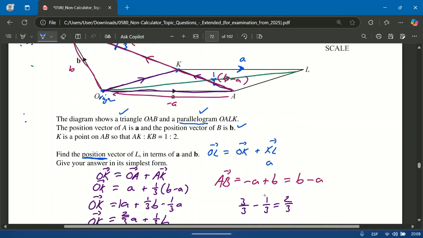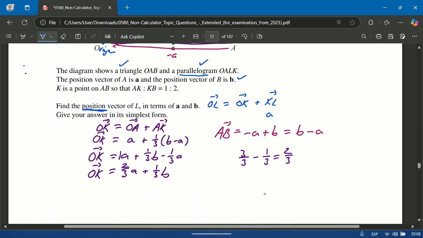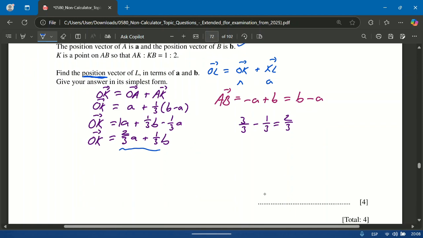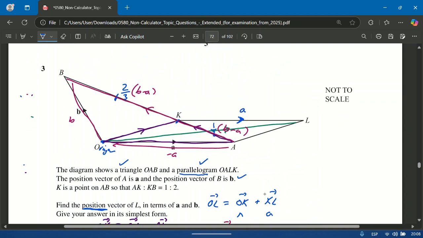Right, so we can put all of this in here for OK. Then we'll have the position vector of L, which is OL. So let's write that again. OL would be OK, which is 2/3 A plus 1/3 B, plus KL, which is A. Do you understand that? We are now following this road.